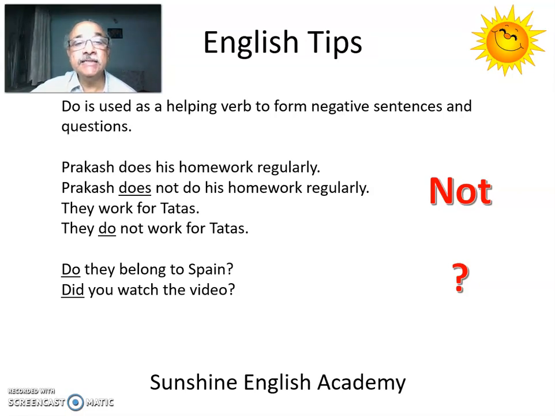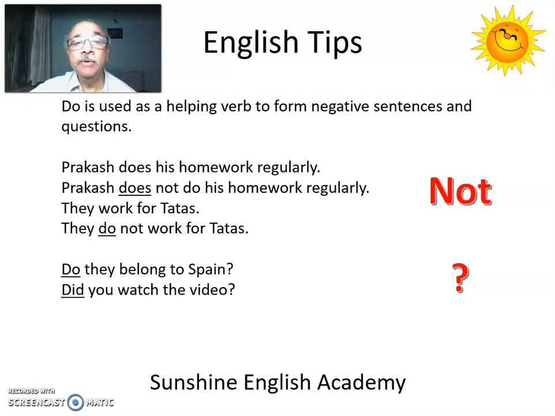So here is our sentence. Prakash does not do his homework regularly. So in this sentence, does is our helping verb. That is because Prakash is a third person singular subject, and does is followed by not, and then do is the main verb.